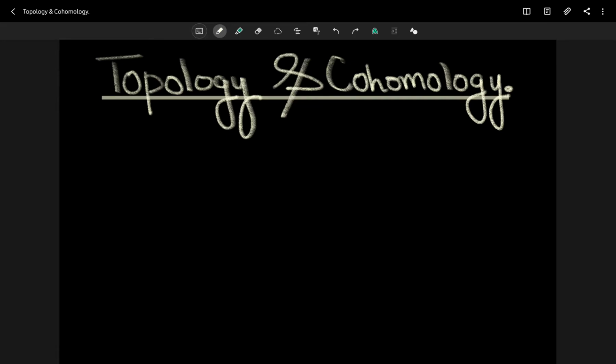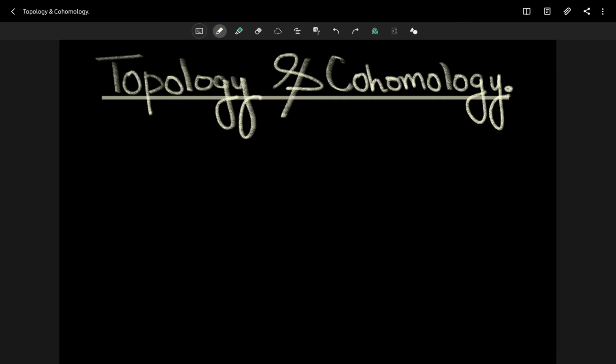So in this lecture, let's talk about something very interesting, and that is the topic of topology and cohomology. Now, when you have a sequence of abelian groups associated to a topological space, that is what you call a cohomology, right?